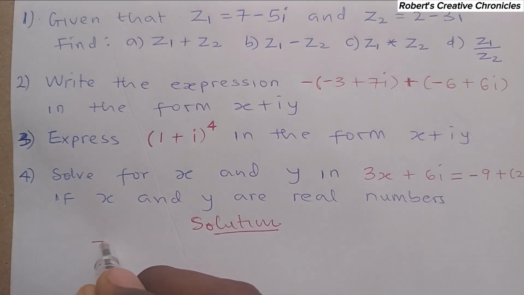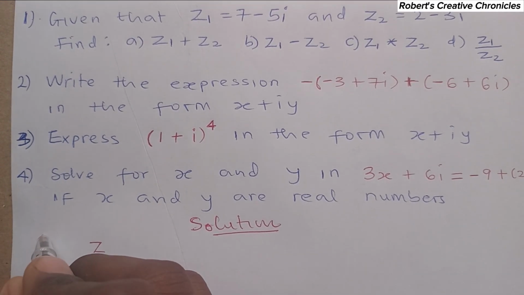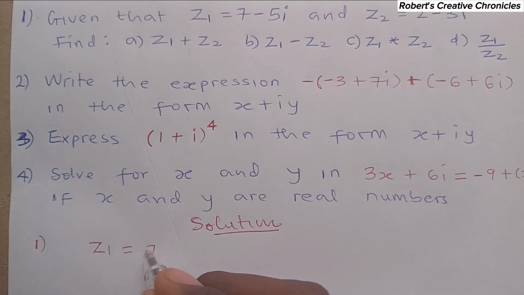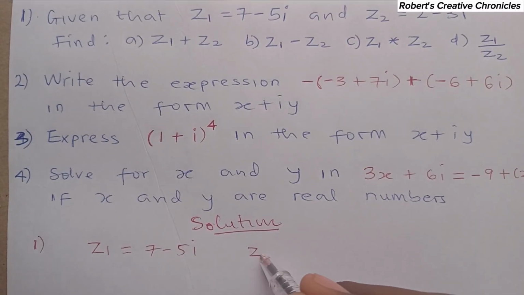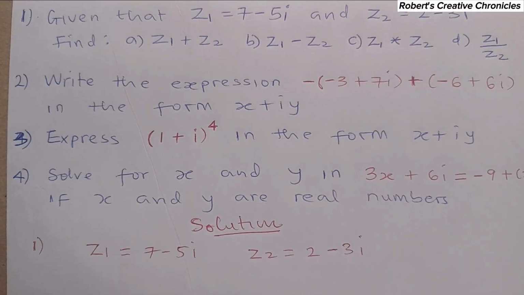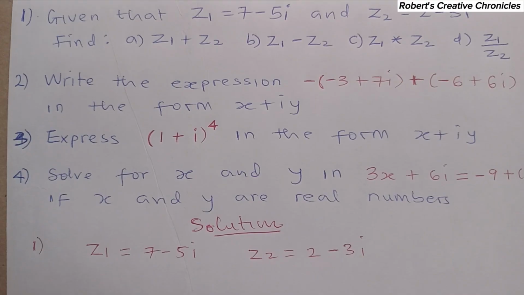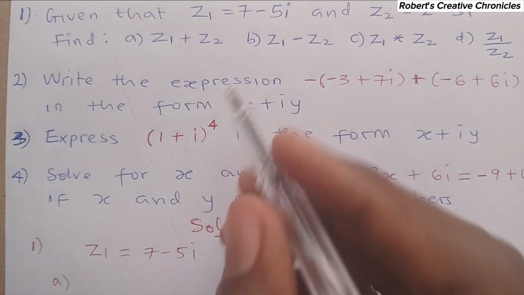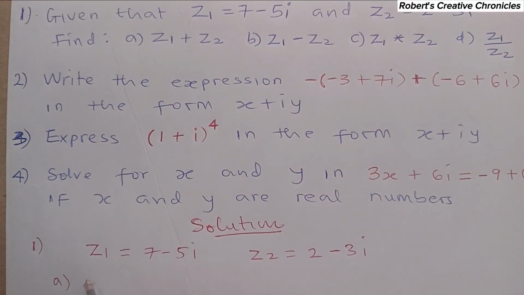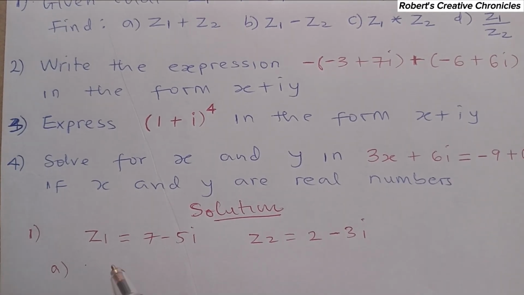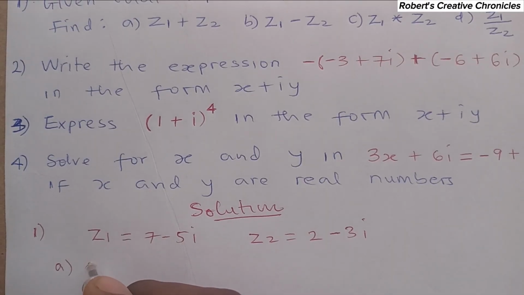So z1 is 7 minus 5i, z2 is 2 minus 3i. Now we'll do z1 plus z2, that means we'll add them together. This is the addition of complex numbers. It is done by adding each component of x and y.